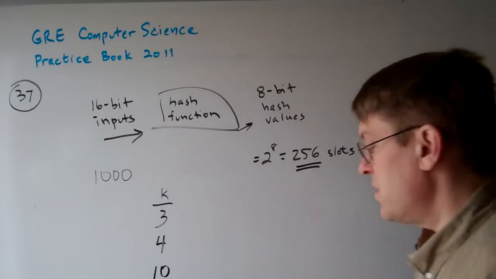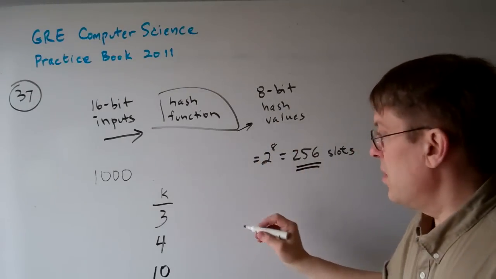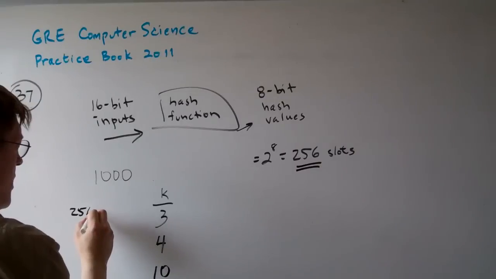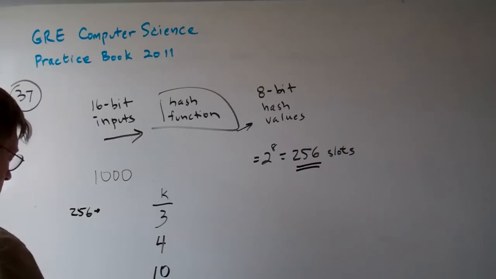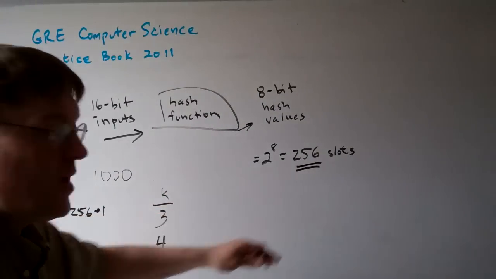Well, no, because let's suppose we had 1,000 of them here. In this 1,000, let's suppose 256 of them would map to the 256 slots here.